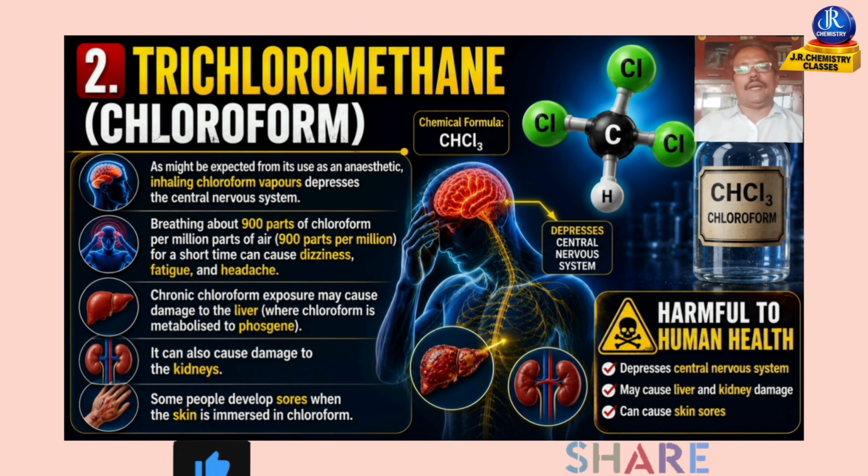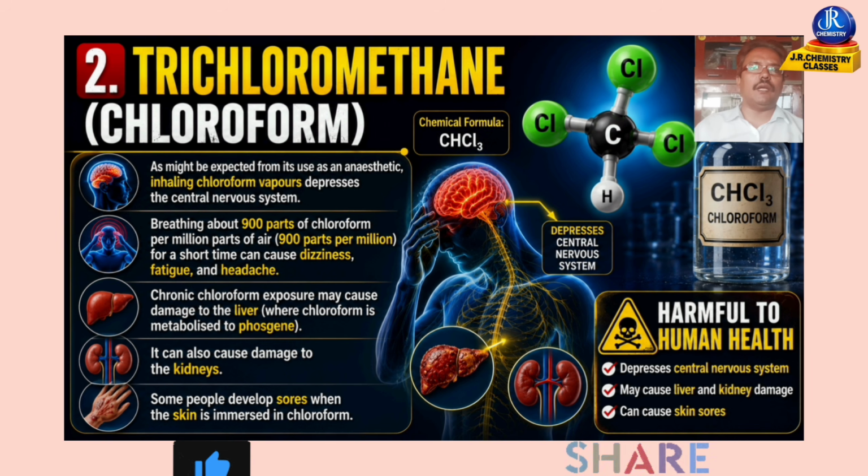As might be expected from its use as an anesthetic, inhaling chloroform vapors depresses the central nervous system. Breathing about 900 parts of chloroform per million parts of air, that is 900 parts per million, for a short time can cause dizziness, fatigue, and headache.